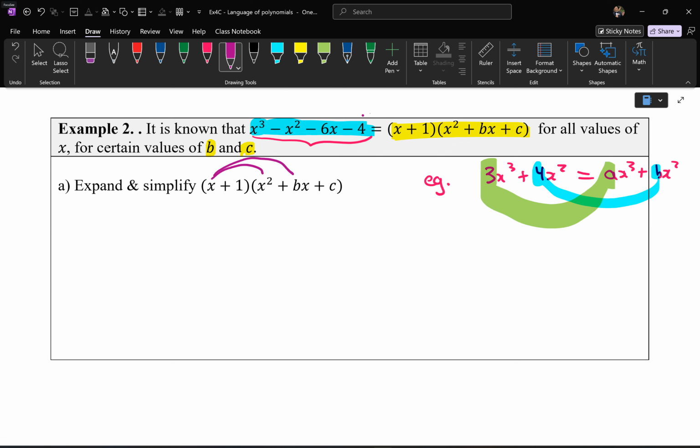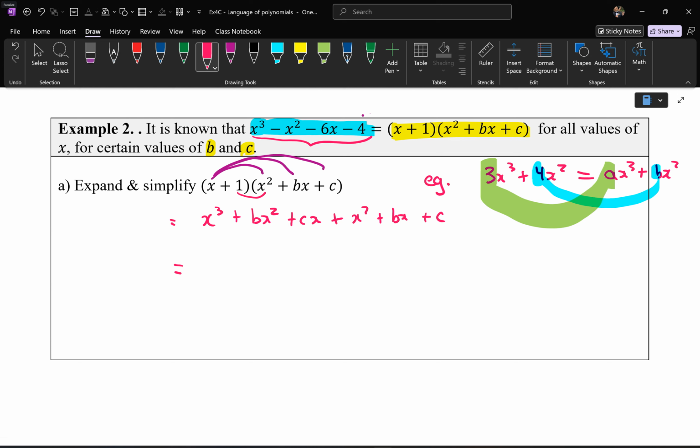x times x times bx, x times c. It actually might be easier if you factorize the other side actually. We'll do x cubed plus bx squared plus cx plus, and then 1 times x squared plus bx plus c.